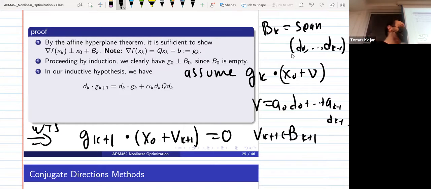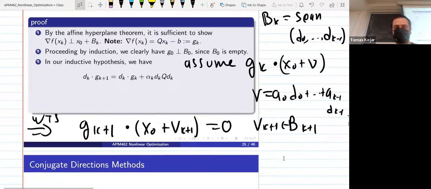So again, why are we doing this stuff? To motivate that indeed the algorithm converges, because it's not obvious. So I have to show you that this guy is 0. Okay, good.